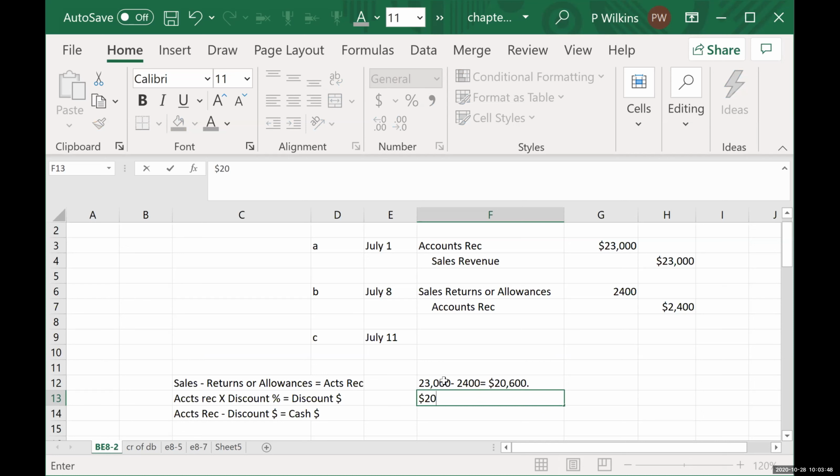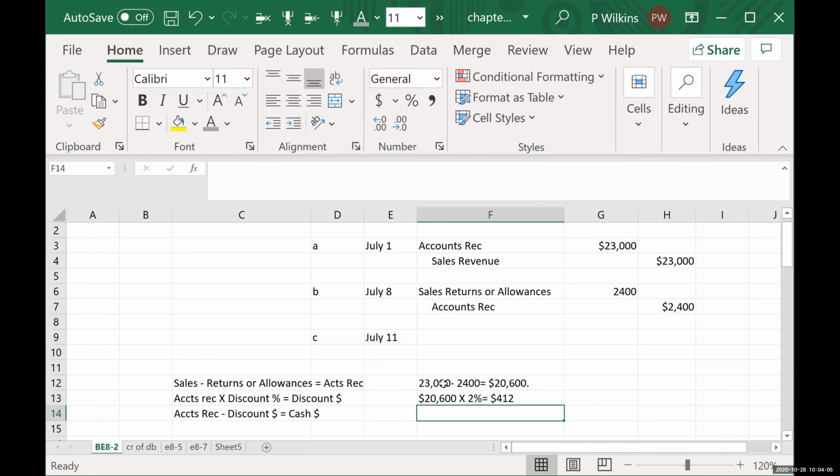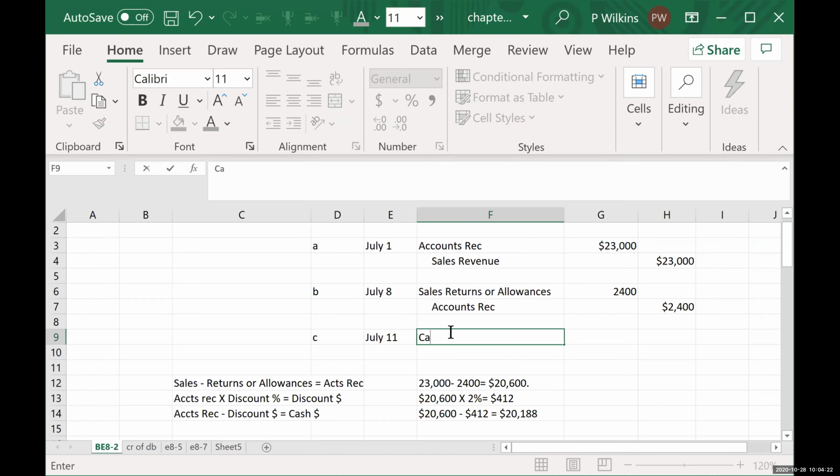We're then going to take the $20,600 times the percentage discount in this problem. They told us it was 2%. That's going to give us a discount dollar amount of $412. We're then going to take the $20,600 minus the $412, and that's going to give us a cash amount of $20,188. So we are going to debit cash because we're the one that's being paid.